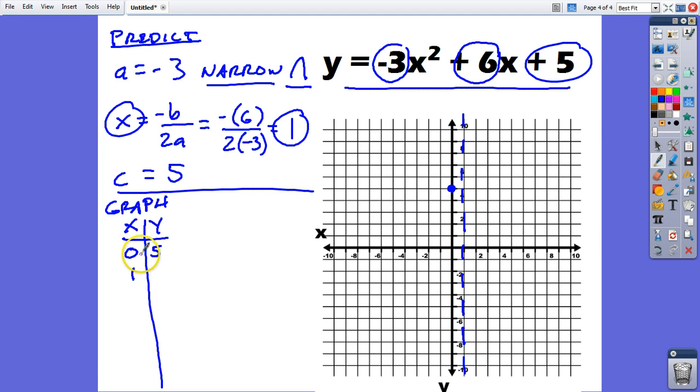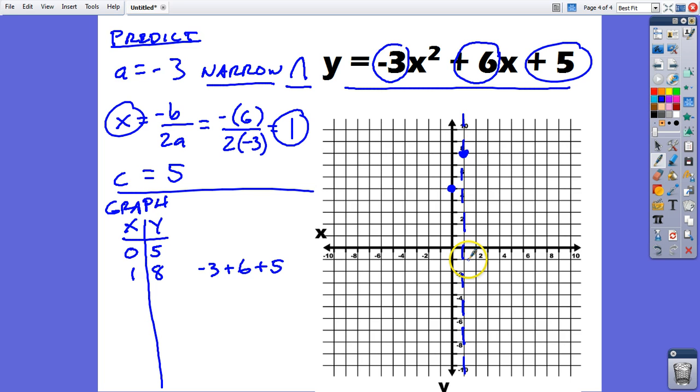If I plug in 1, I'm going to get, let's see, 1 squared is 1 times -3 is -3. 6 times 1 is 6 plus 5. And then -3 plus 6 is 3, plus 5 is 8. So at x is 1, y is 8, so I'll put another dot.